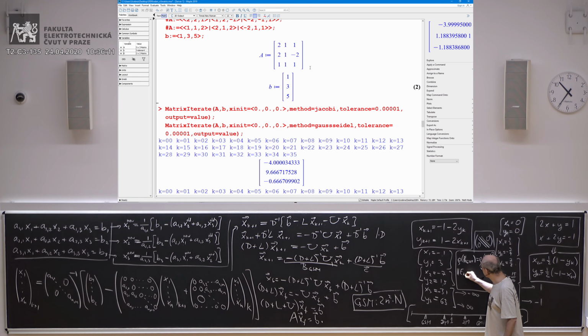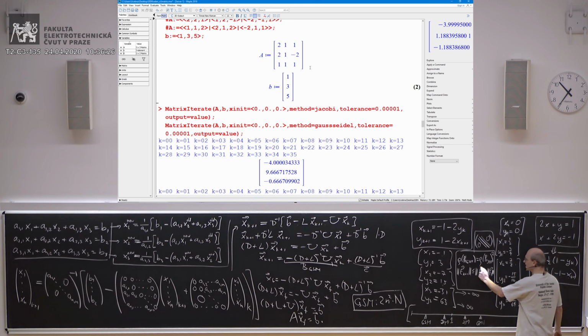Now, if you remember, we had a formula for error which was comparing the norm of the k plus first error with the previous error, with some induced norm. And we know that by taking different induced norms, we can make this number as close as we want to the spectral radius. So we can imagine that there is a spectral radius here, for the Gauss-Seidel, and for the Jacobi.